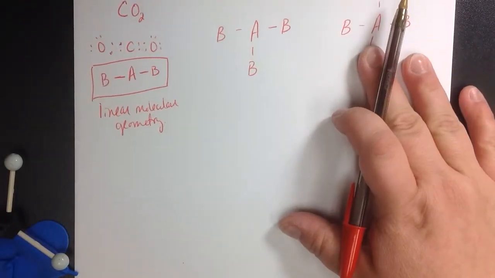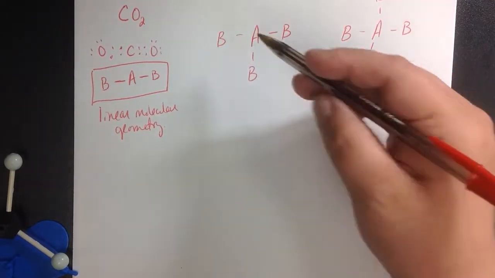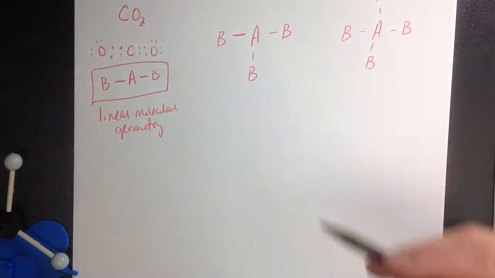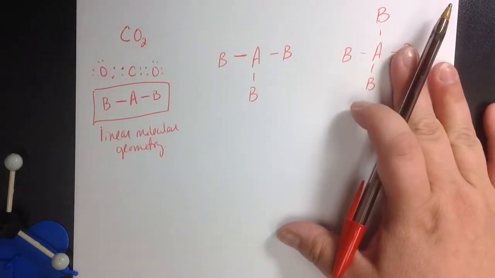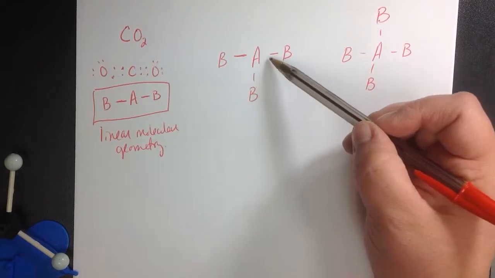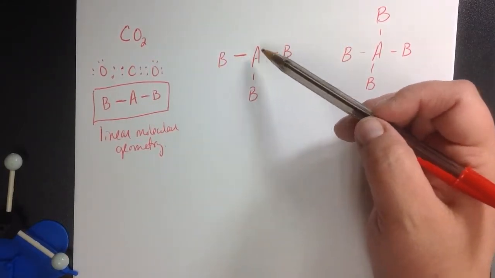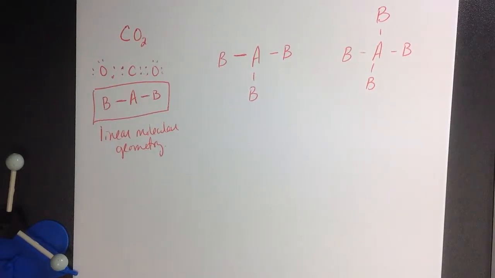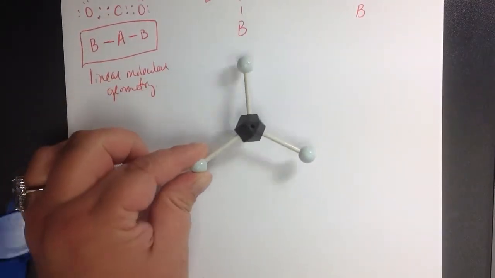Now, let's consider a central atom with 3 things surrounding it. You might draw this on a piece of paper like this, looking like a T. But is that the furthest away from each other that everybody can get? Because here we've got a 90-degree angle, and here I've got, oh, that's a lot more space. In actuality, the furthest that these 3 bonds can get from each other looks kind of like a Mercedes sign.